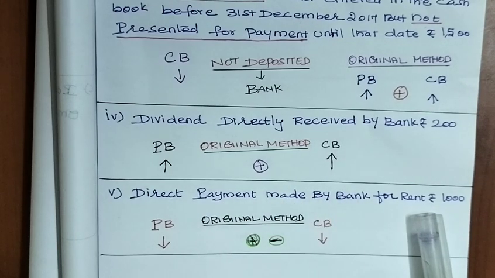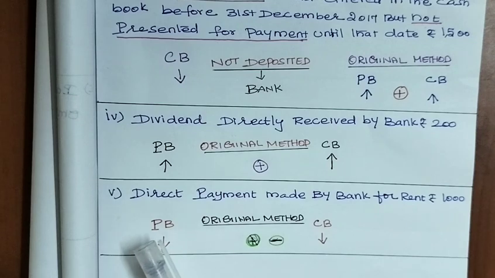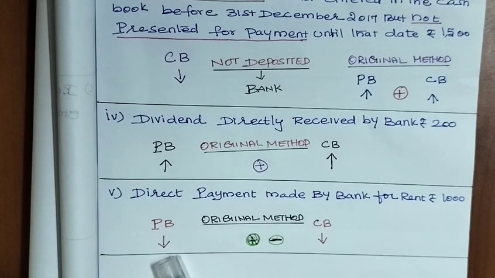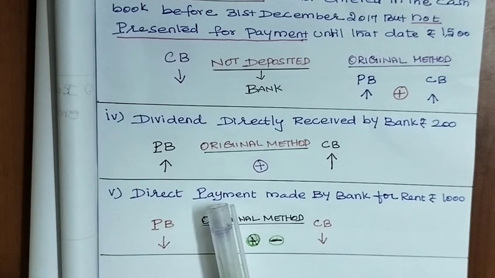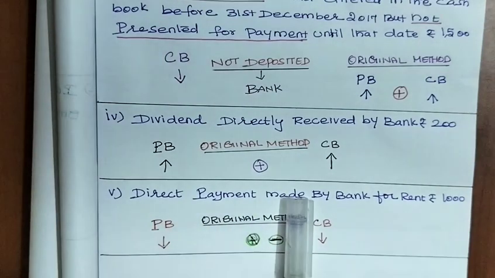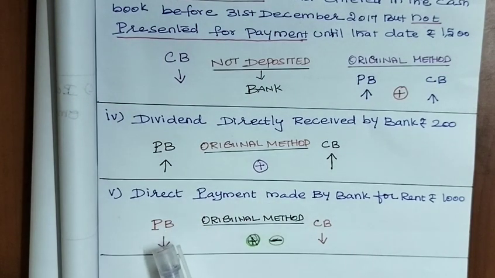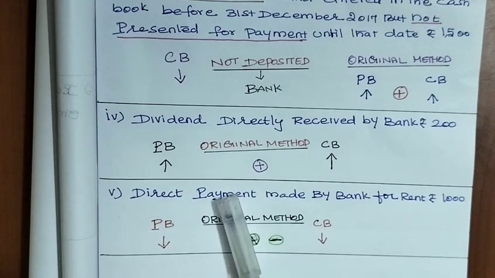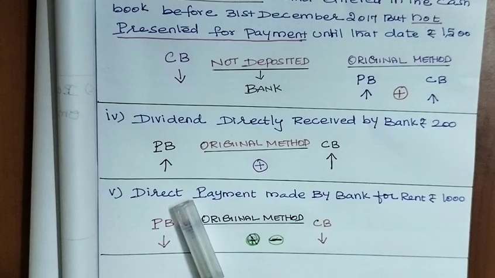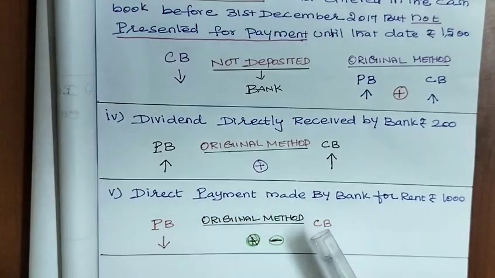Immediately your bank passbook decreased, because payment means cash goes out from your account, so the passbook will be decreased. As per the original method, whenever the passbook decreased, the cash book also decreased. Listen here, this payment was made by the bank directly, so the bank's customer doesn't know.